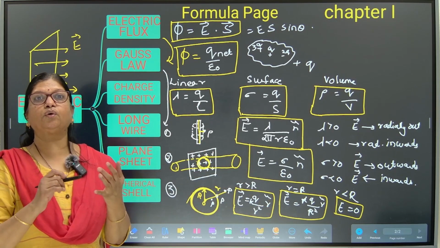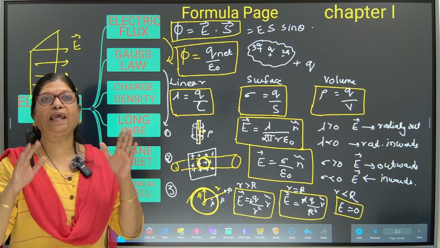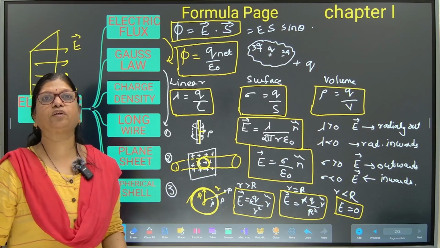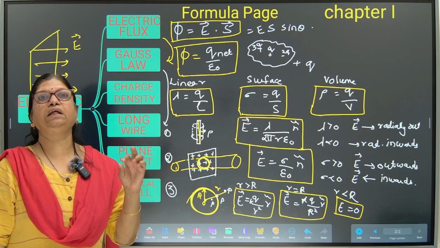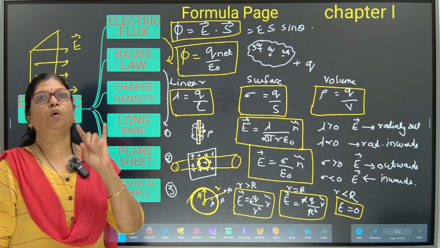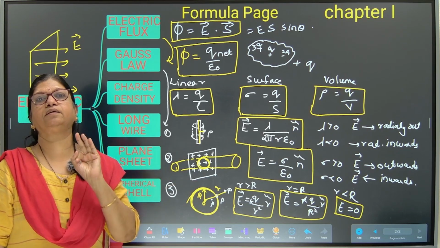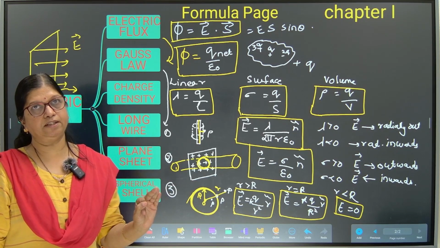Clear? So Gauss's law can be applied for various objects, out of which we have considered 3 objects: a wire, a plane sheet and a shell. Understood?